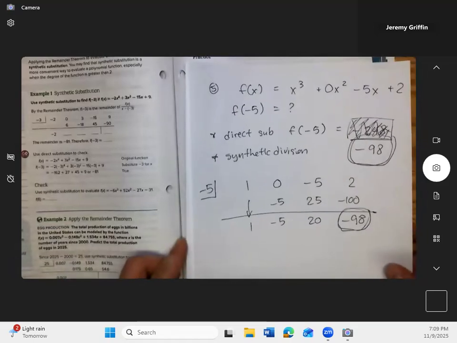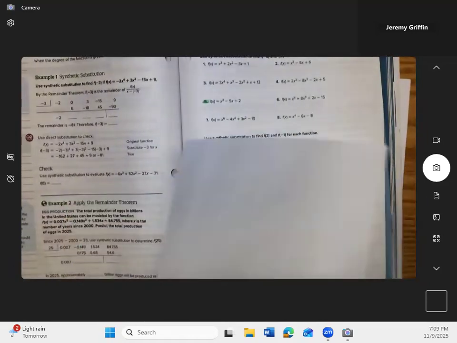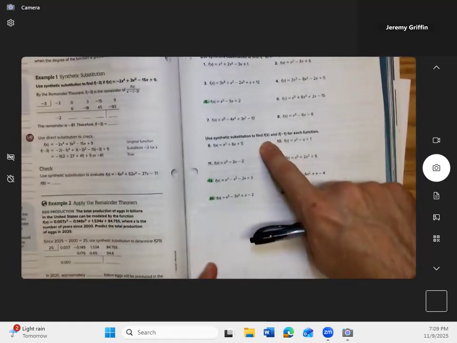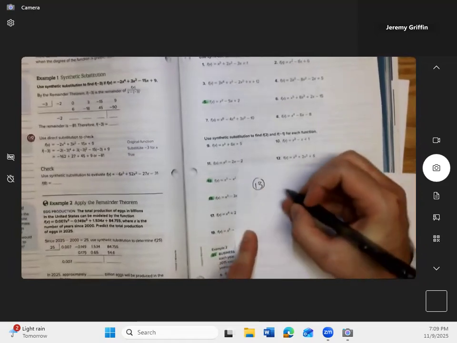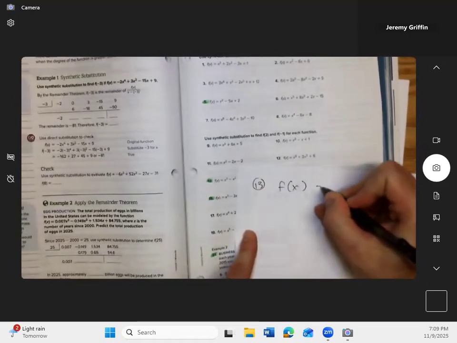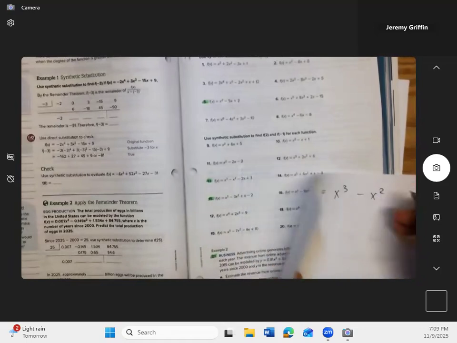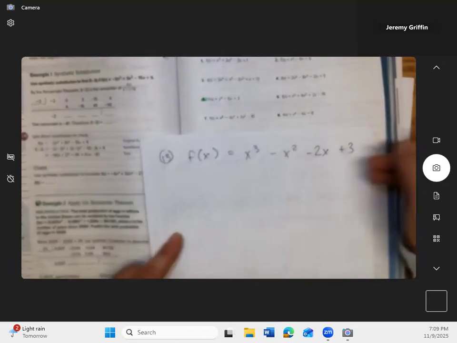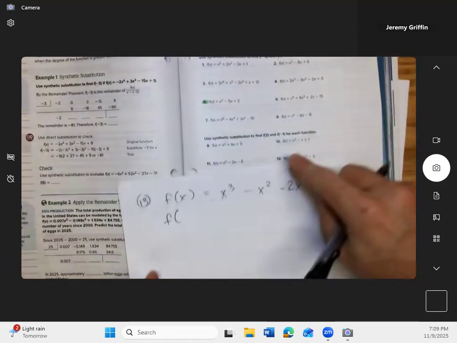All right, let's keep on going. Number 13. Same thing. Let's try f of 2 on this. So I got f of x equals x cubed minus x squared minus 2x plus 3. So what is f of 2?